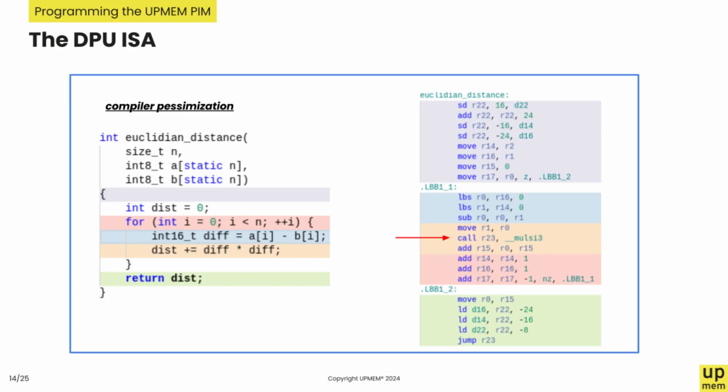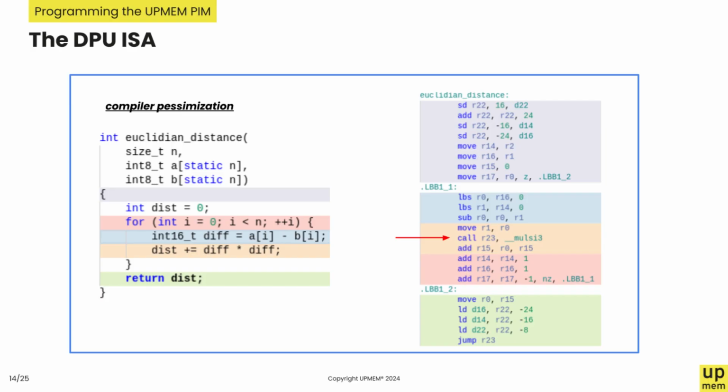And you would think, okay, my operands are int8, that's my input. I'm computing a difference, so it should fit into 16 bits. So when I'm doing this squaring, I should be doing a 16-bit multiplication.